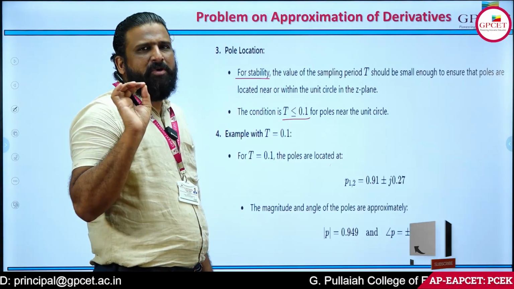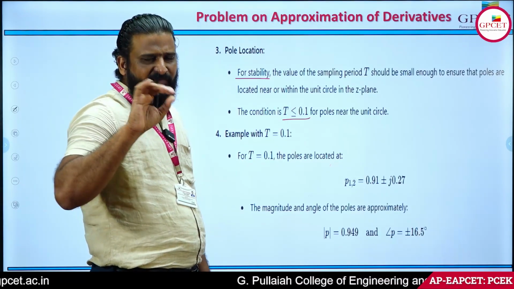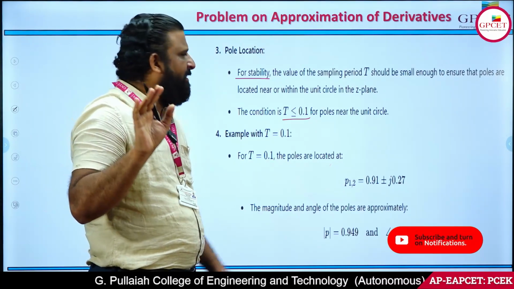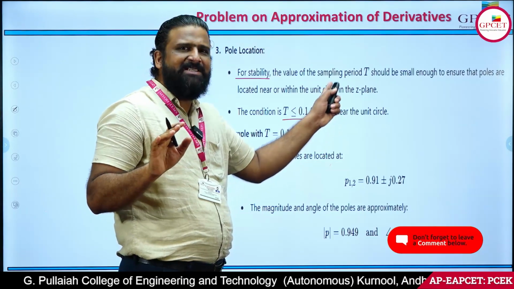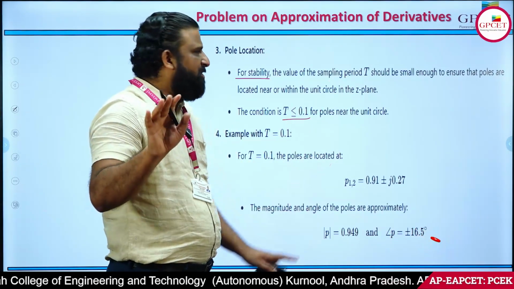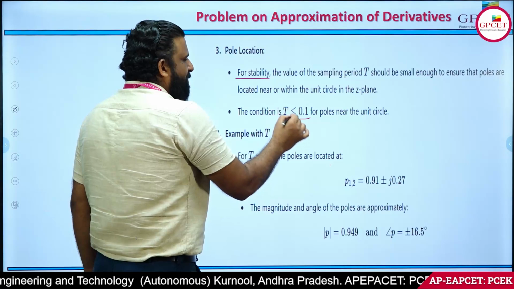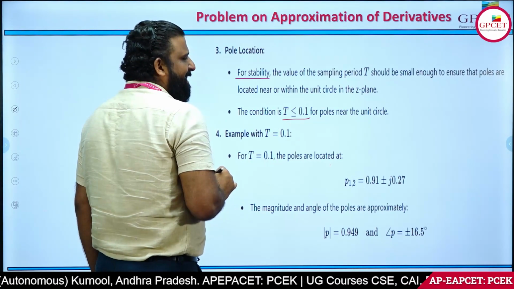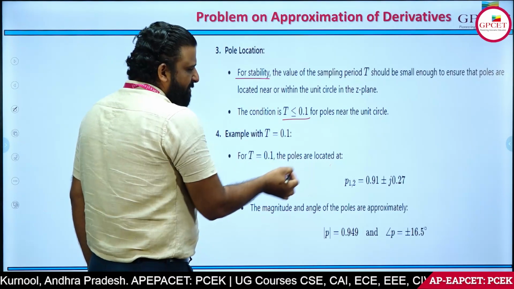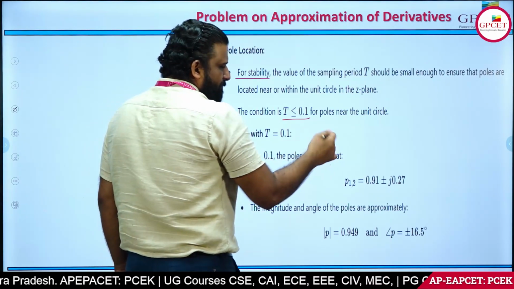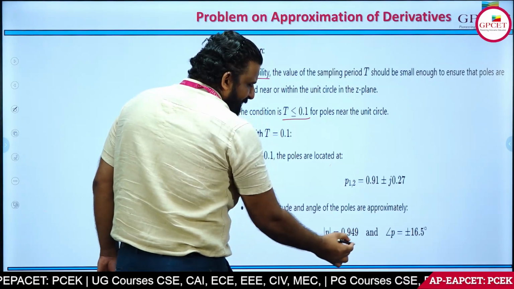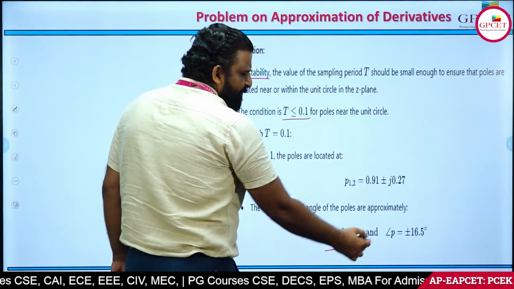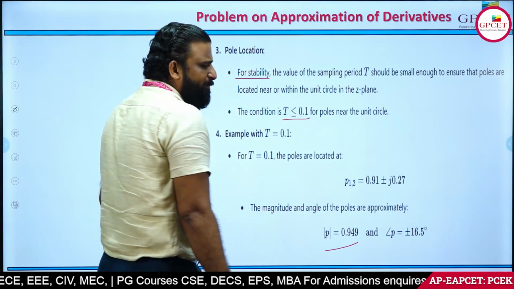That means if I want to say the formed filter is in stable condition, the poles should lie in the circle or nearer to the circle. For this purpose, to show that the filter is in stable condition, we need to take t less than or equal to 0.1. After substituting the value in the formed equation, the magnitude I got is 0.949, which is nearer to 1, and the phase is plus or minus 16.5 degrees.